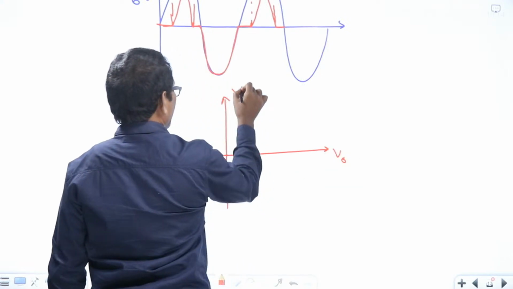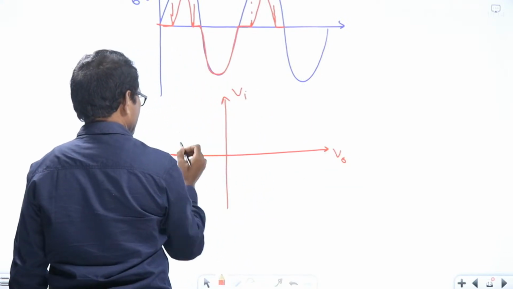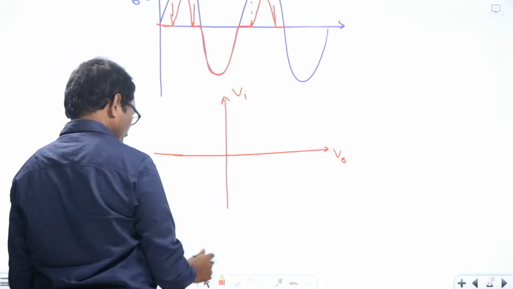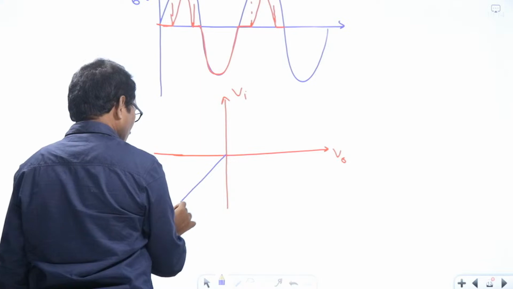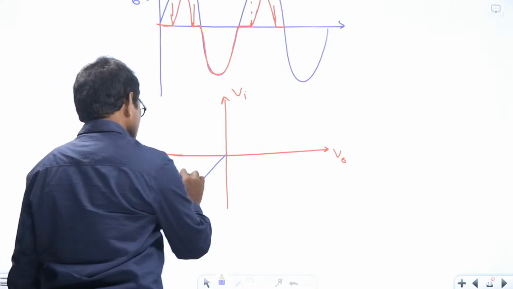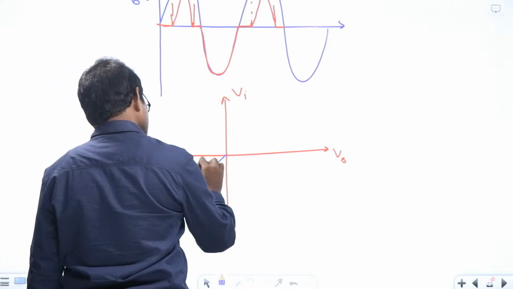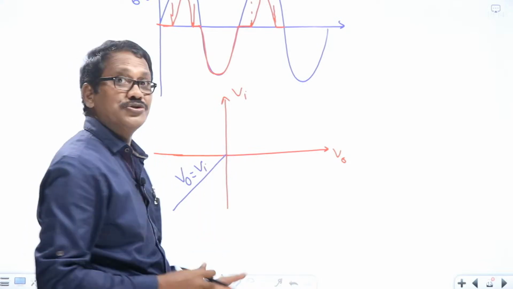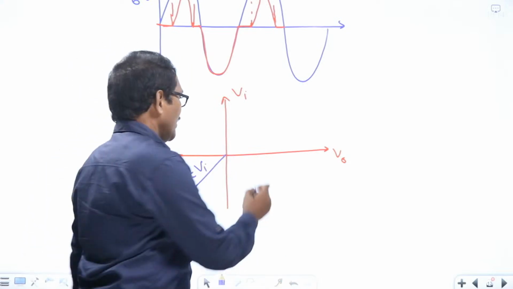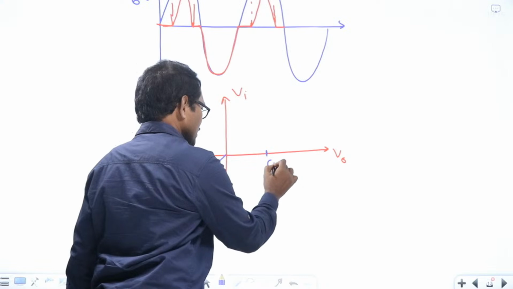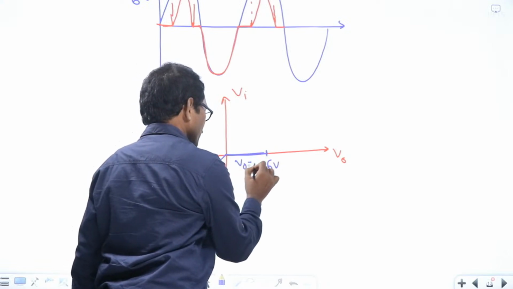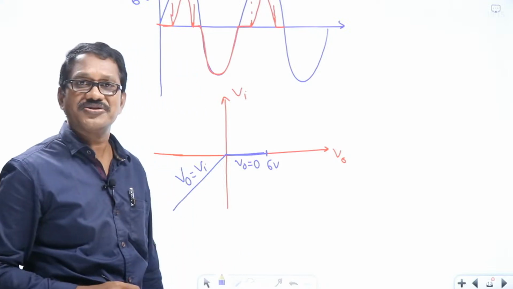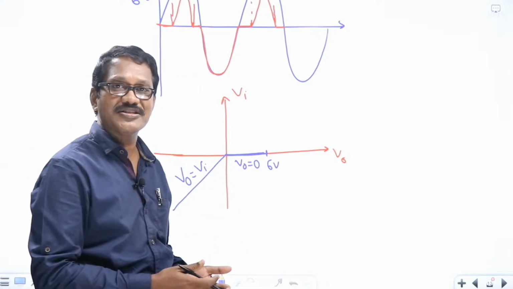VO and VI. During the negative half cycle, the output follows the input variations. That means VO is the same as VA. And during the positive half cycle, till 6 volts, the output is 0.